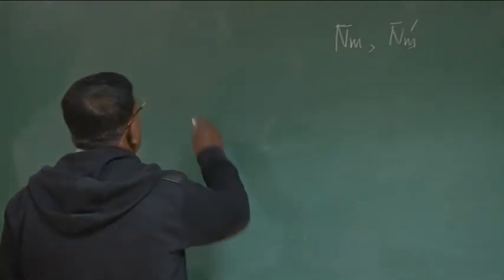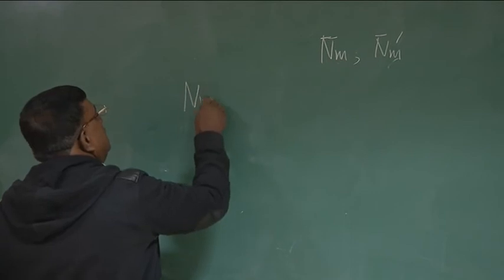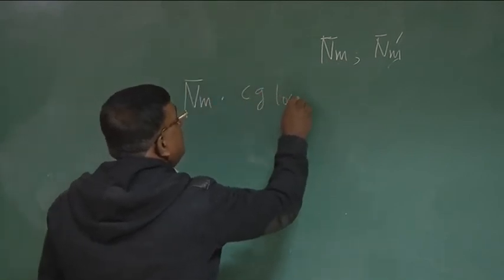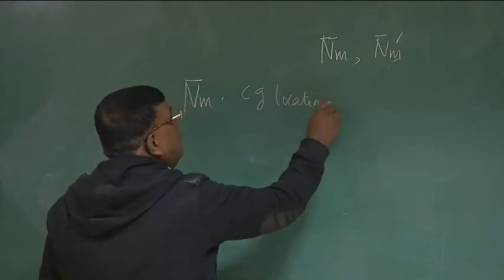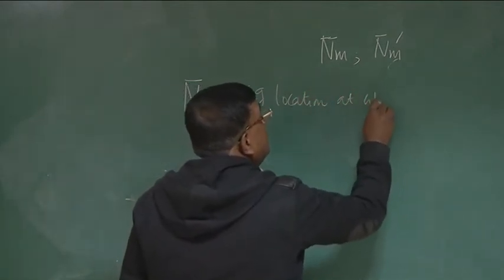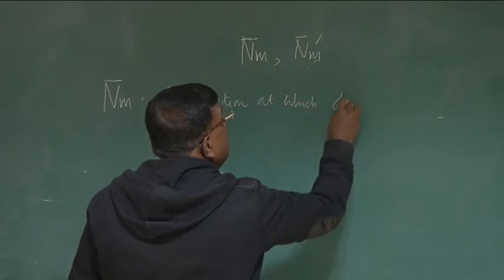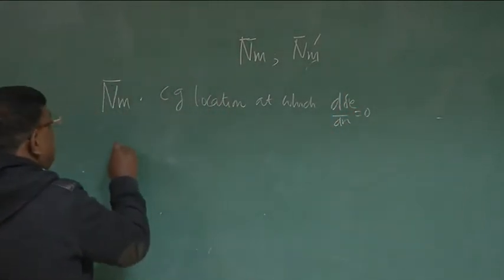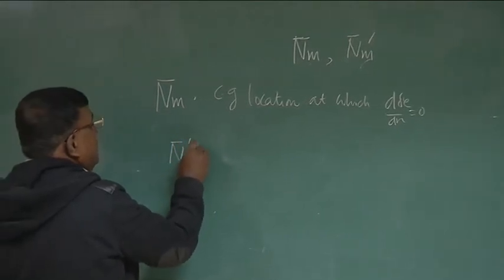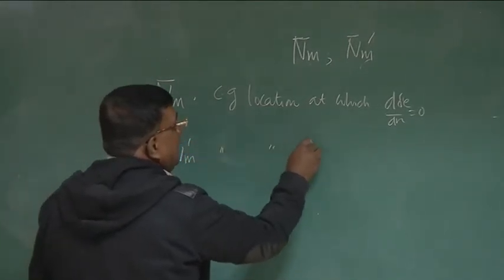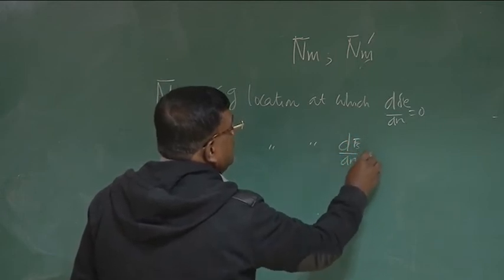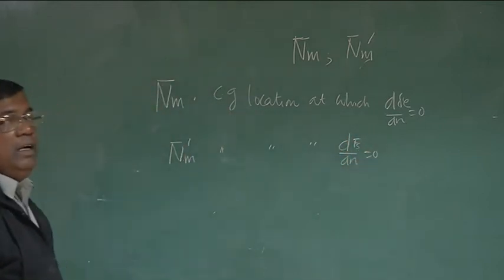By definition, the stick-fixed maneuvering point is that CG location at which d delta E by dn is 0, and the stick-free maneuvering point is that CG location at which dFs by dn equal to 0. These are two definitions we are aware of.